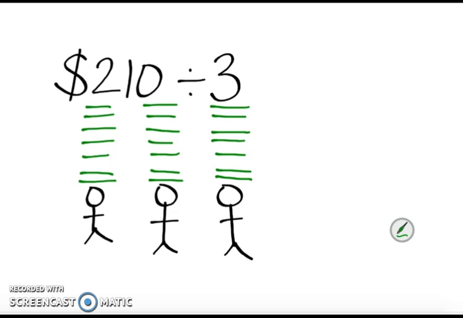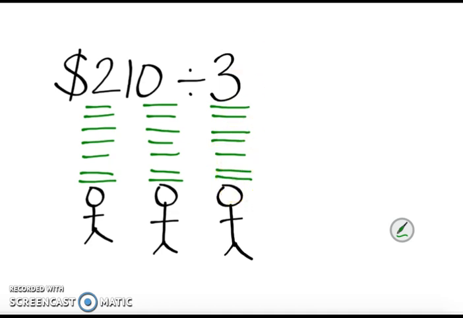Okay, so let's add up, make sure that we got $210. It's easy to make a mistake. So let's quick check. I'm going to use my mouse here, just follow along. We've got 10, 20, 30, 40, 50, 60, 70, 80, 90, 100, 110, 120, 130, 140, 150, 160, 170, 180, 190, 200, 210.